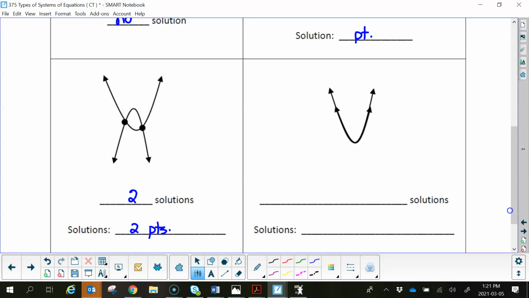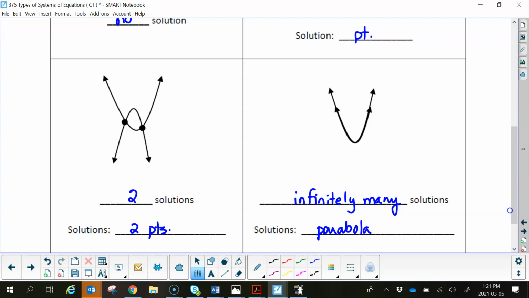And then here, infinitely many, and the solution is one of those parabolas, because maybe one is shown in standard form and one in vertex form. Just different forms.